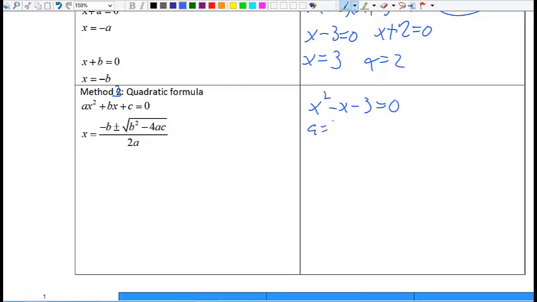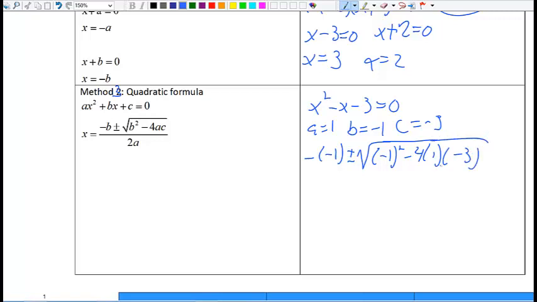So our a would be 1, our b would be negative 1, and our c is negative 3. And so it's negative b, so negative 1 plus or minus the square root of negative 1 squared minus 4 times 1 times negative 3, all over 2 times 1.